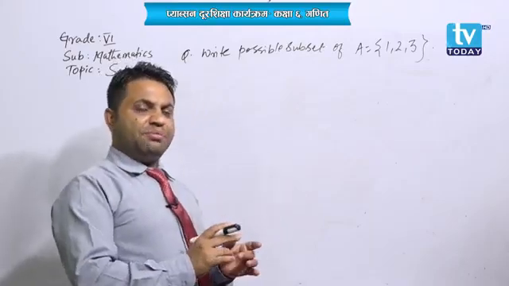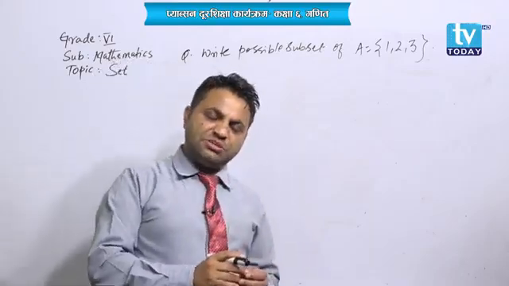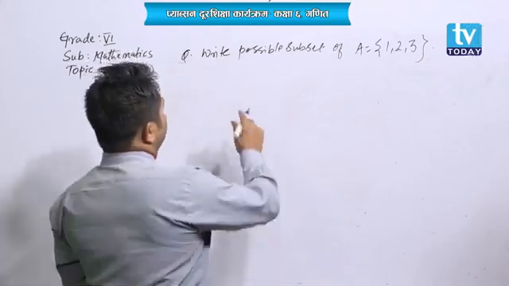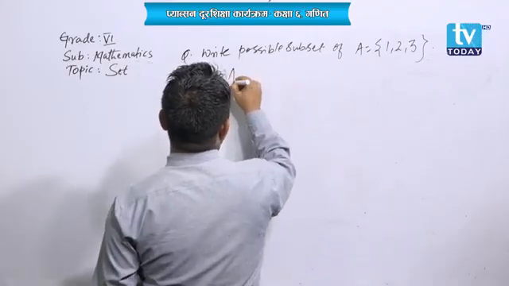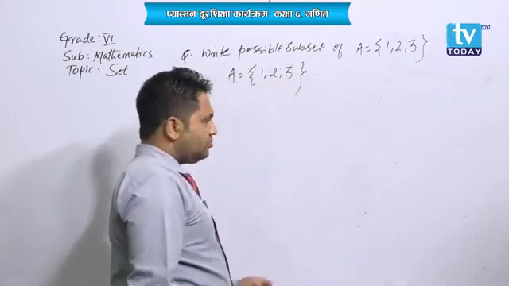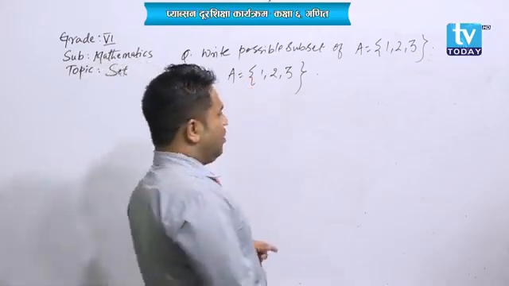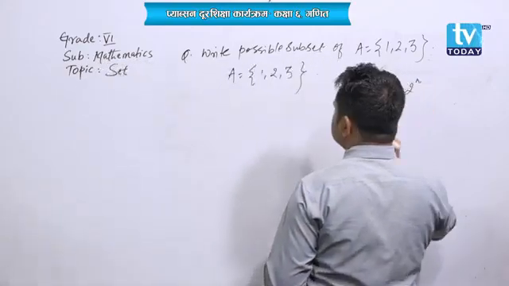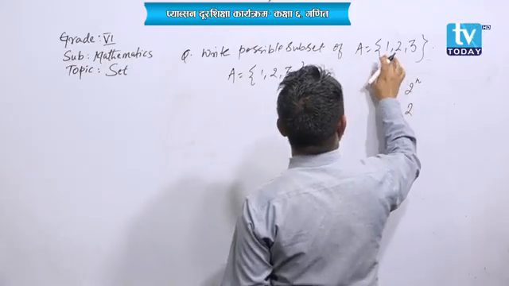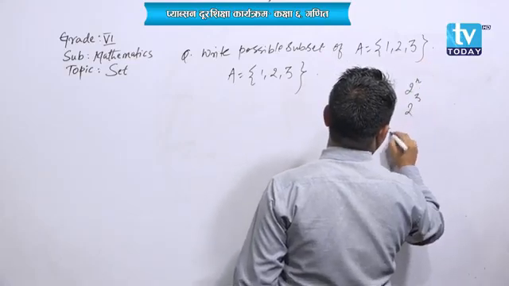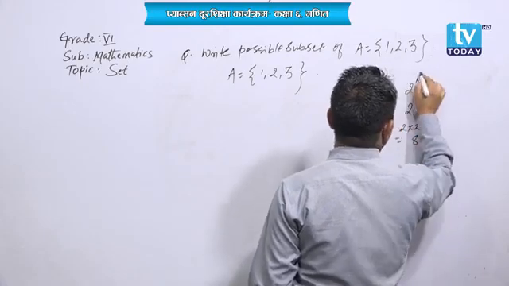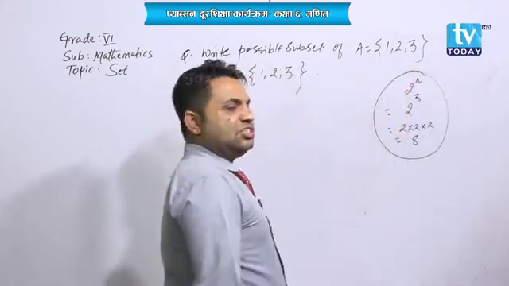If there are two sets A and B, and every element of set A is also in set B, then you can say that A is a subset of B. Here it is given that set A equals 1 2 3. Then the formula is 2 raised to the power n. How many subsets will you get? 2 raised to the power n. How many elements are there? 1 2 3. Then 2 to the power 3, that is 2 into 2 into 2, is 8. Then we will get 8 subsets.